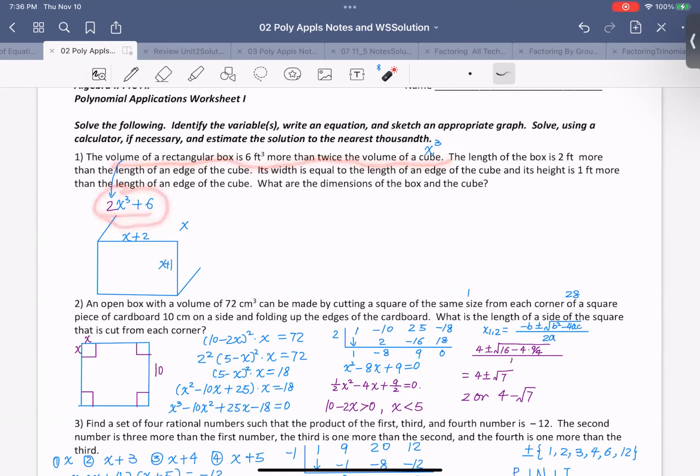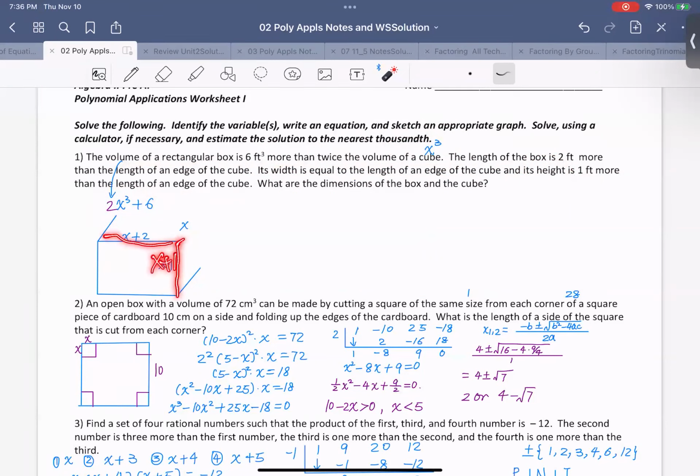And then we read the next one. The length of the box is 2 more than the length of the edge of the cube. So you have one edge, which is x plus 2. This is equal to the edge, so that direction is equal to x. And its height is 1 foot more than the cube, so that height is x plus 1.